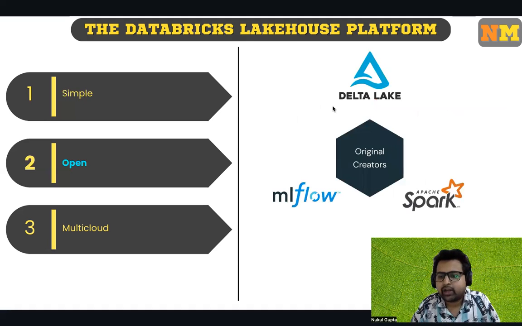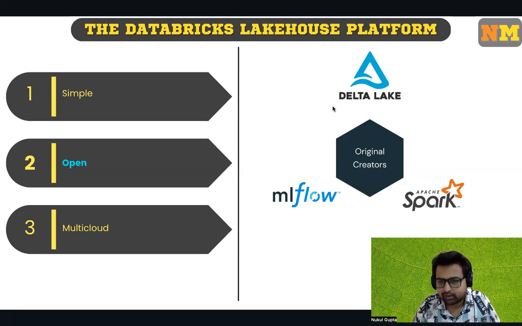And also, the Databricks Lakehouse platform is open. We have already seen, it is open source. Basically, they have implemented three main open source initiatives in the Databricks Lakehouse platform: Apache Spark, MLflow, and Delta Lake. These three are part of the Databricks Lakehouse platform.